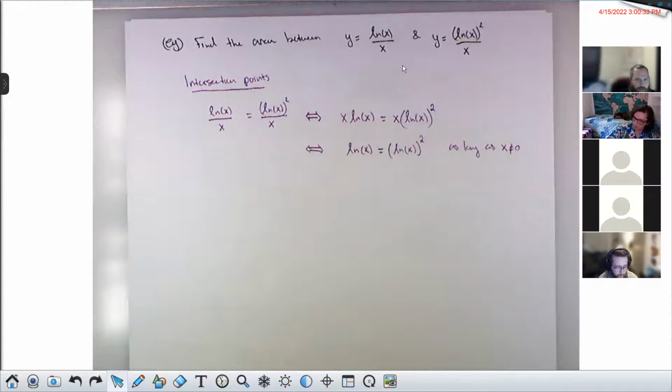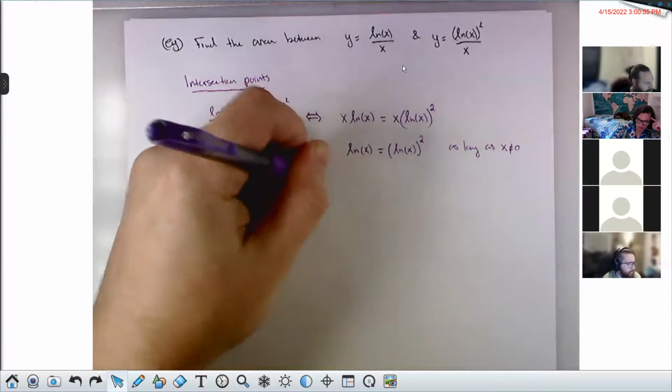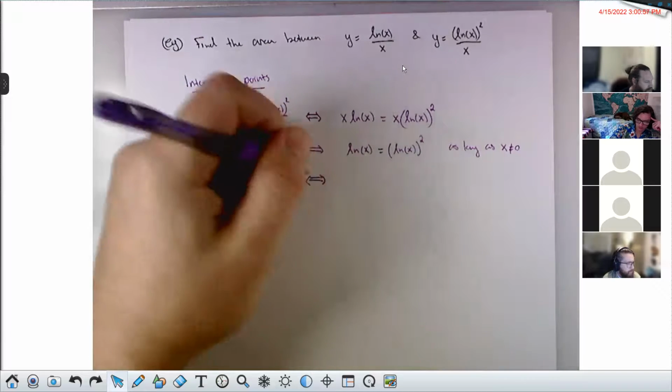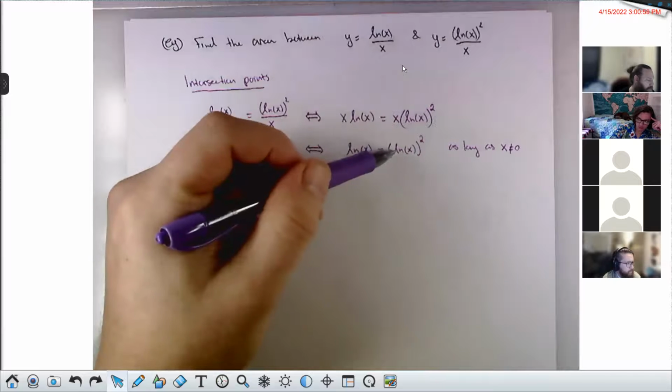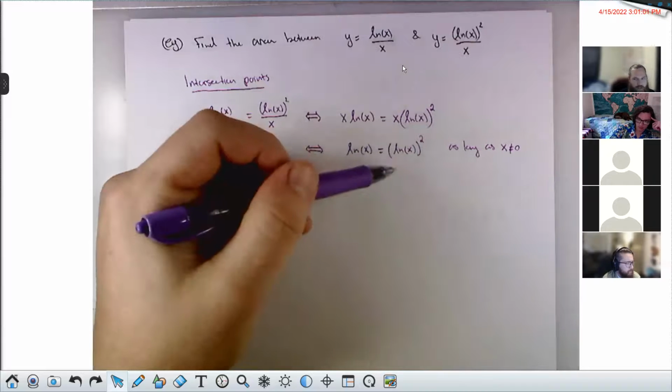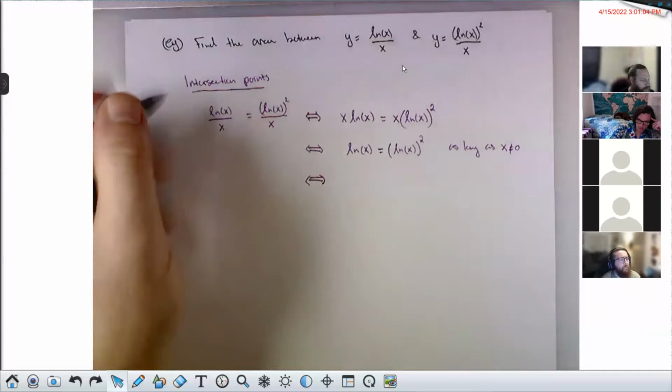Does anybody remember how to solve equations like this? So this is not a polynomial, but I can kind of think of it as a polynomial whose variable, rather than being x, is the natural log of x.